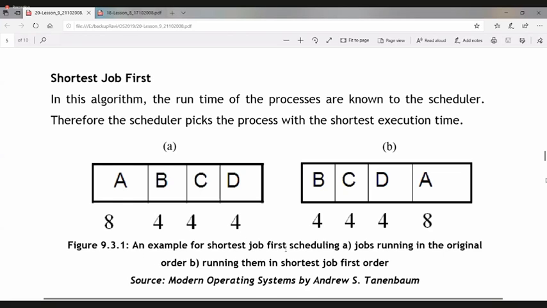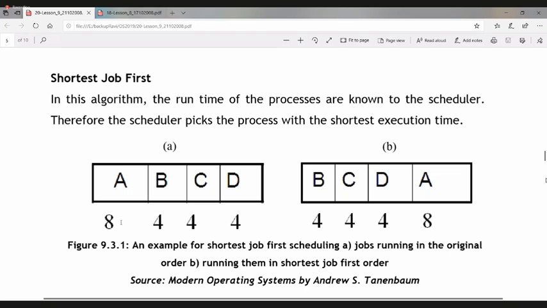An example for shortest job first scheduling: A represents jobs running in the original order. If they run in the original order, it's A, B, C, D. But if you apply the shortest job first algorithm, you have to reshuffle them like this.